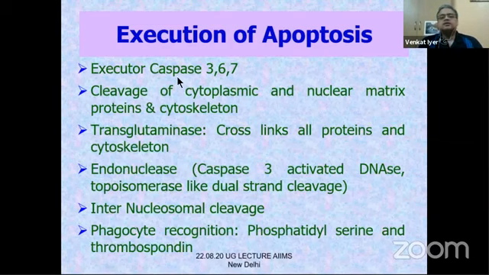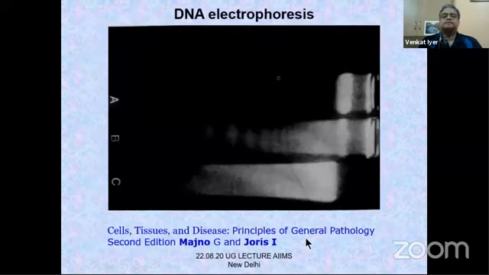Another function of the executor caspase is phagocyte recognition. So phosphatidylserine and thrombospondin are expressed on the cell membrane. If you do an electrophoresis and have a necrotic pattern, the DNA is cleaved into all possible fragments, because multiple types of lysosomal DNases and endonucleases are activated, whereas the caspase activated DNase cleaves in a ladder pattern.